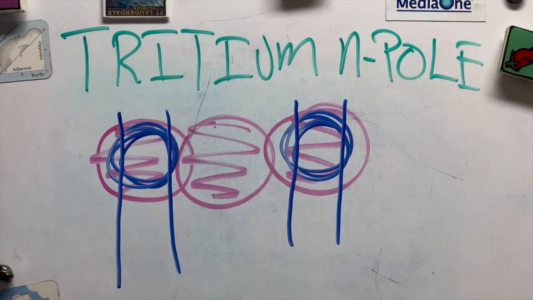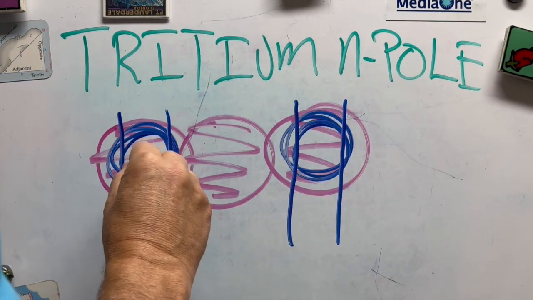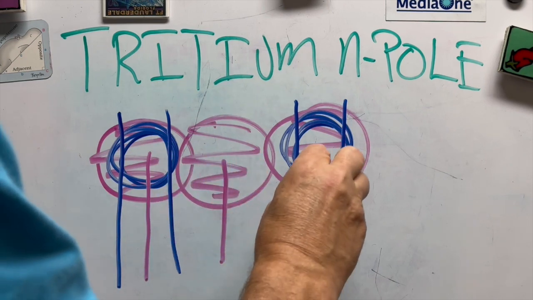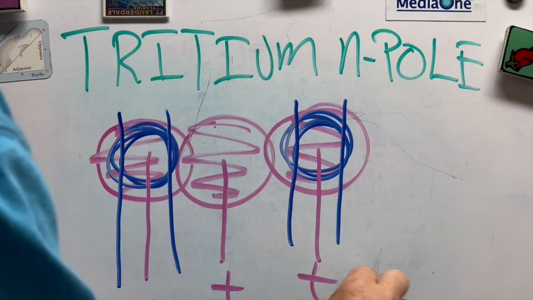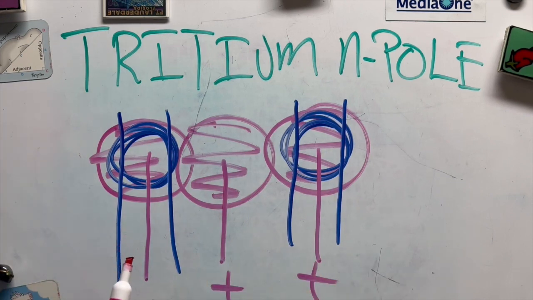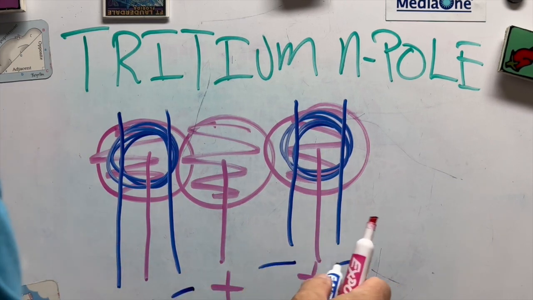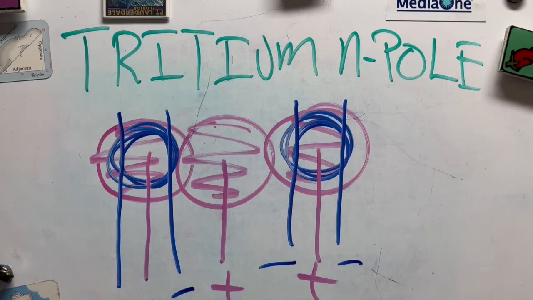And then the center protonic charges are like this. So you have positives and negatives separated by distance, which is the definition of a multipole.